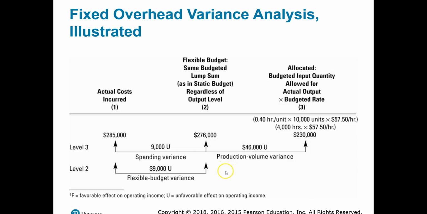This problem also includes fixed overhead as well. And then we do the journal entries for both. I put it in this format here, so once we do our table, we can actually see where the dollar amounts are going and then where they're being translated to the journal entries.